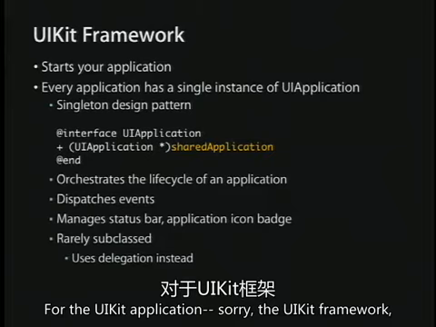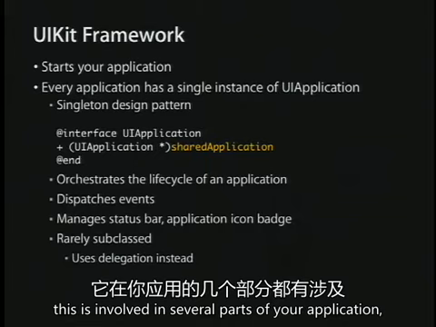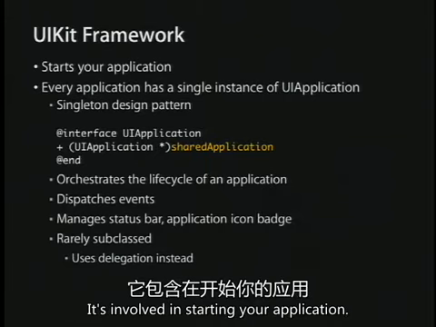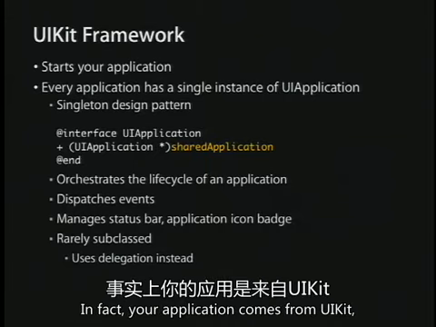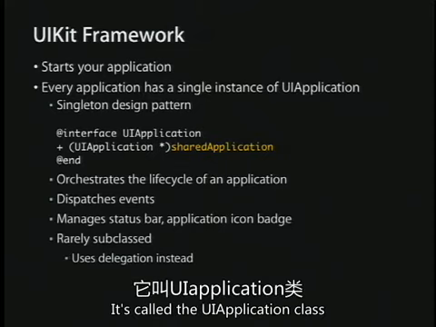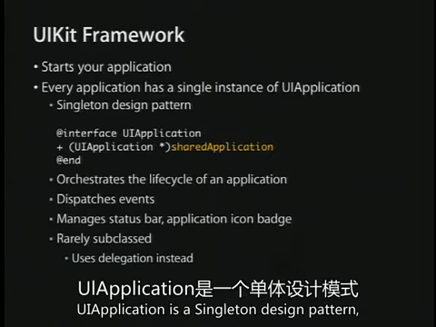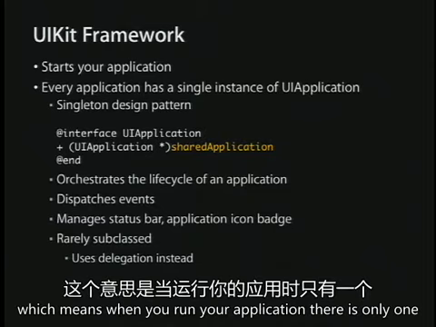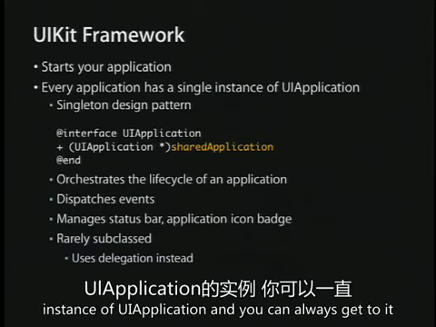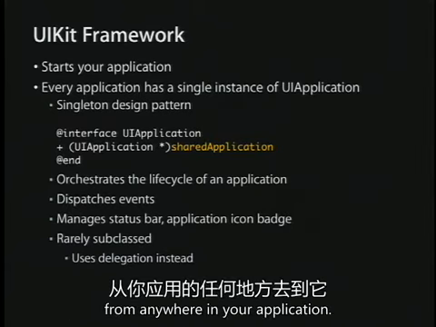The UIKit framework is involved in several parts of your application. It's involved in starting your application. In fact, your application comes from UIKit. It's called the UIApplication class, and that's what gets started when your app is initialized. UIApplication is a singleton design pattern, which means when you run your application, there's only one instance of UIApplication, and you can always get to it from anywhere in your application.